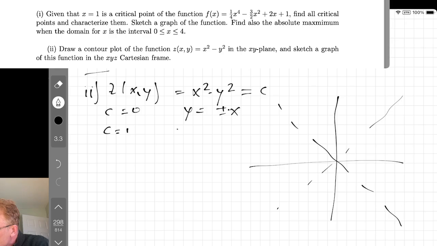We bring y squared to the right-hand side. So y squared is x squared minus 1. So that means that y is plus or minus the square root of x squared minus 1.